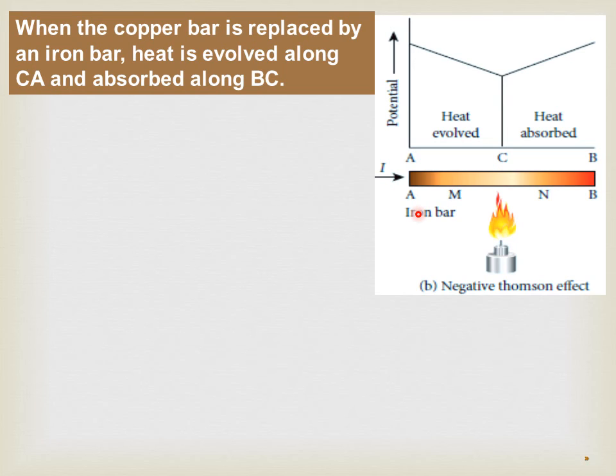In the negative Thomson effect, when we give current, heat is evolved between A and C and heat is absorbed between C and B. When the copper bar is replaced with an iron bar, heat is evolved along CA and absorbed along BC.